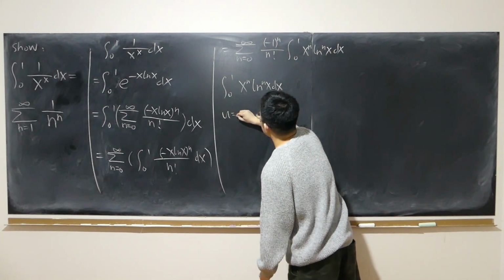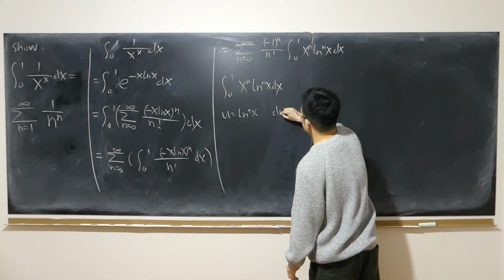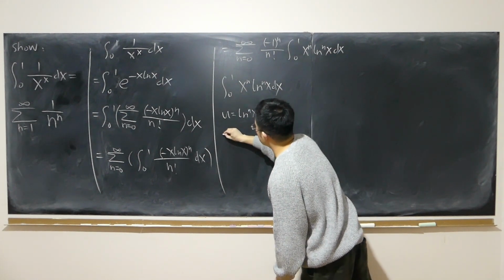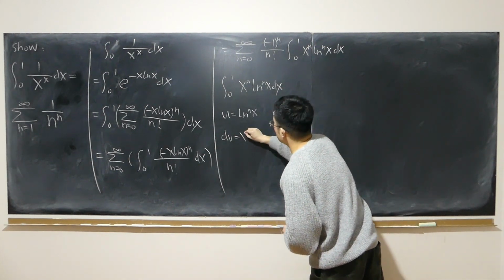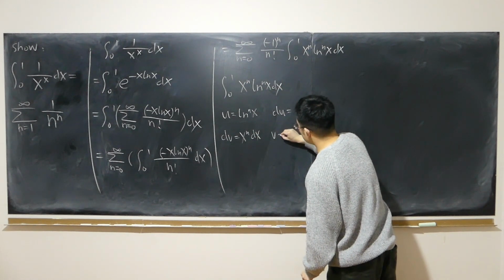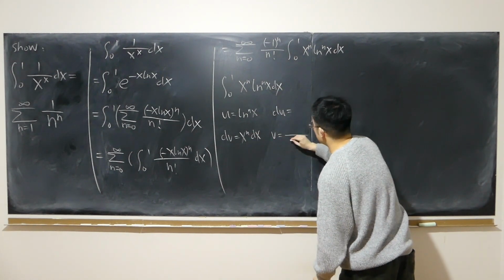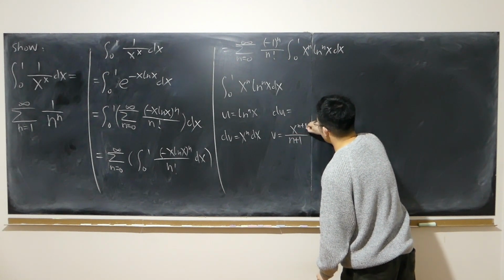So u is log to the power of n of x, and dv is x to the power of n dx. Right, v is simply its antiderivative, 1 over n plus 1 times x to the power of n plus 1.